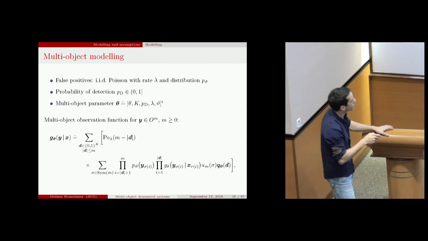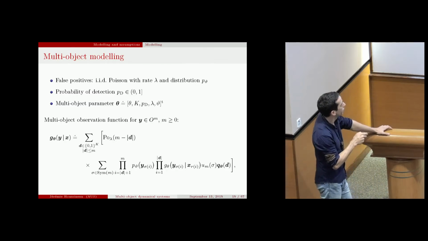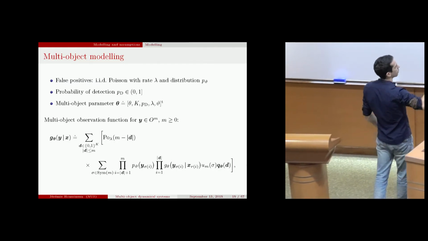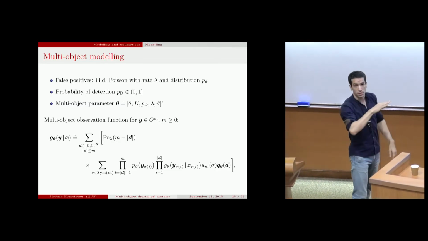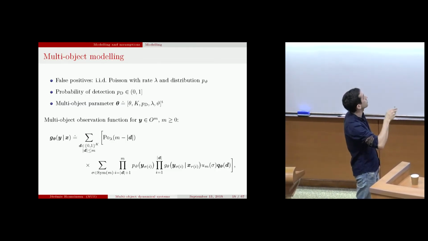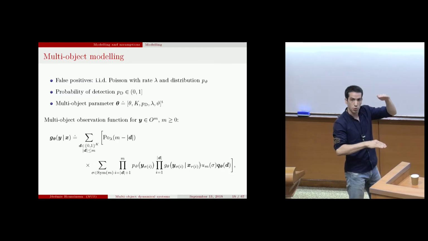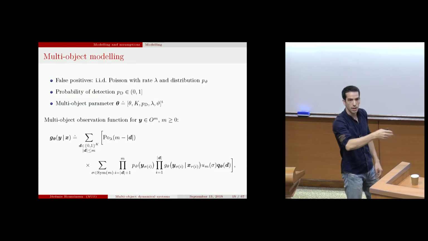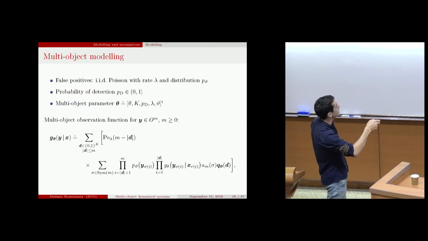Here we really care only about the detection. This is for the false positives. Let's say we forgot about data association at some point. You take sigma as the identity, and then you say my first D observations are from true objects, and you evaluate the likelihood of this. Observation Y1 is from the first object, observation Y2 from the second object, and the remaining observations after D are all false alarms.